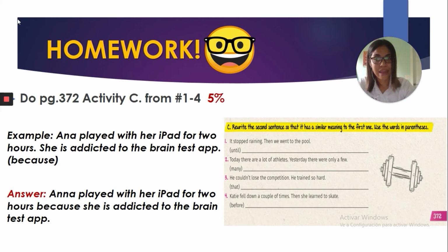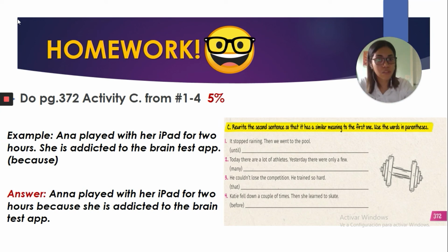It says, Anna played with her iPad for 2 hours. She is addicted to the brain test app. And then in parentheses, you have the conjunction that you need to use in the sentence. So the conjunction you need to use is because. The answer is, Anna played with her iPad for 2 hours because she is addicted to the brain test app.